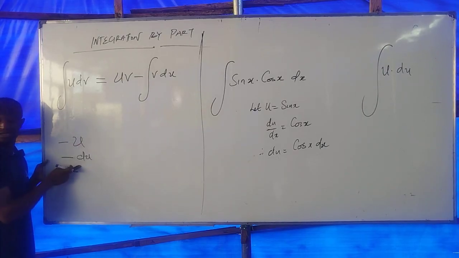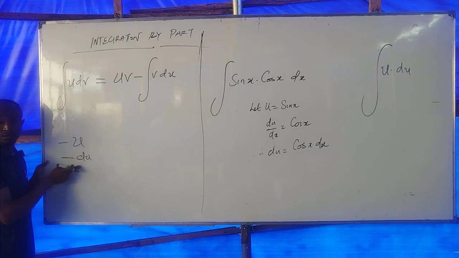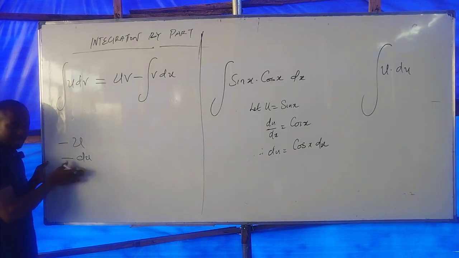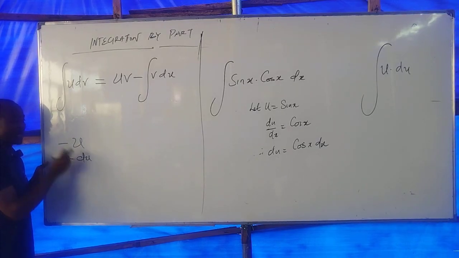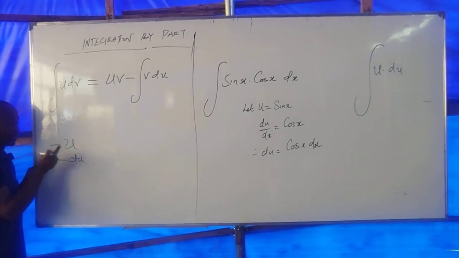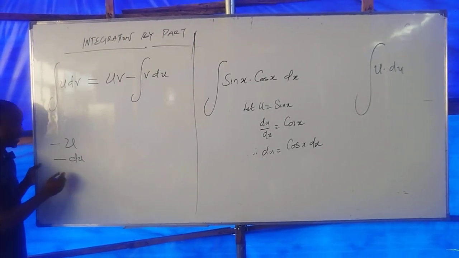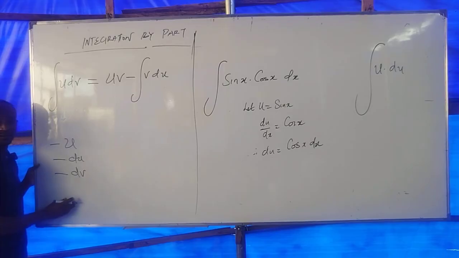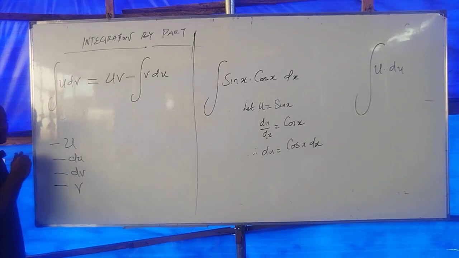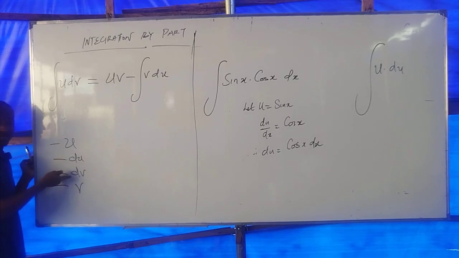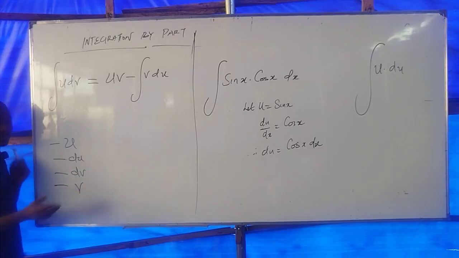When you know your u, you can find du. Then identify your dv, and integrate it to find v. From u, we can get du. From dv, I can get v.